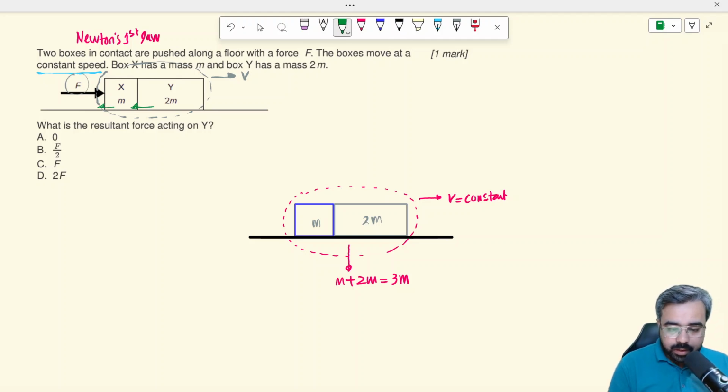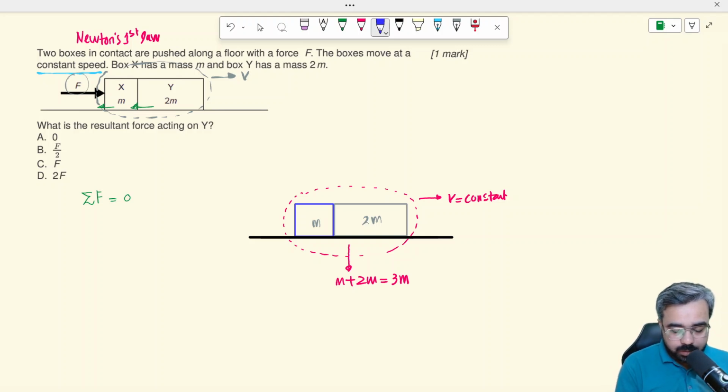So this question is so easy. They are asking about the resultant force acting on y. The resultant force of a system, the net force of a system, is zero, because F is opposed by some countering force.